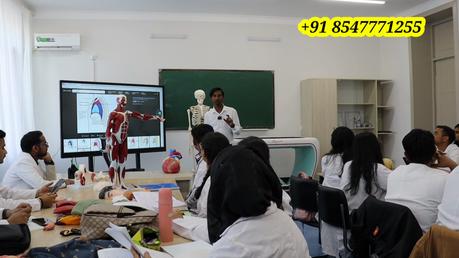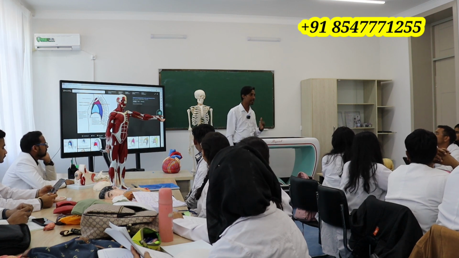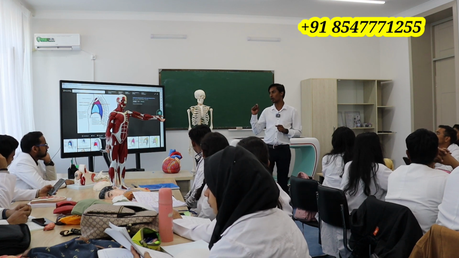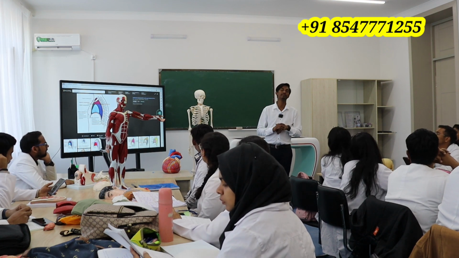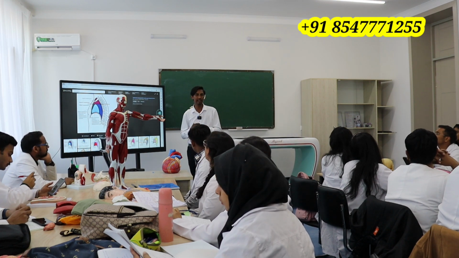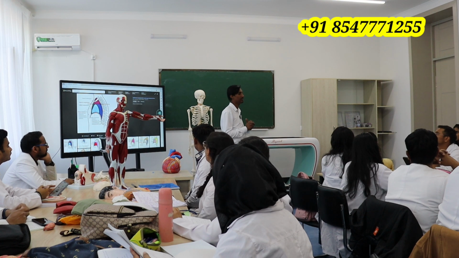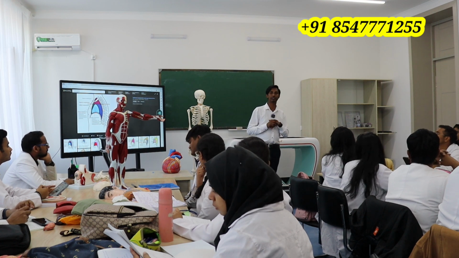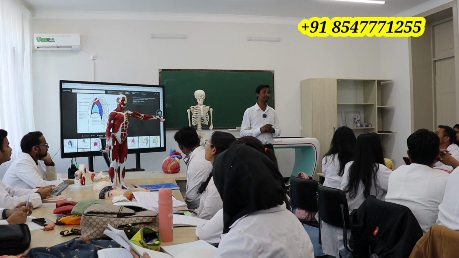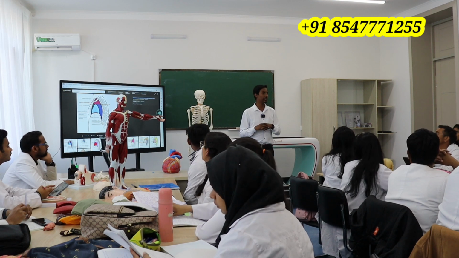The valve between the right atrium and right ventricle is called the tricuspid valve. We already drew that picture of the cusps, right? The valve between the left atrium and left ventricle is called the bicuspid valve, also called the mitral valve, right? And what is the specialty of the wall of the left ventricle?